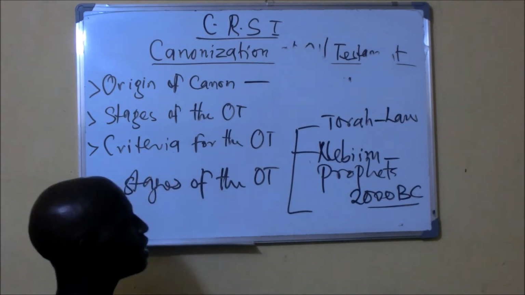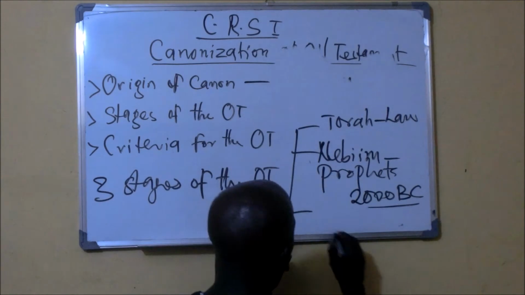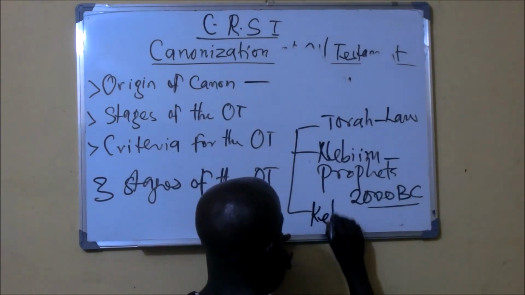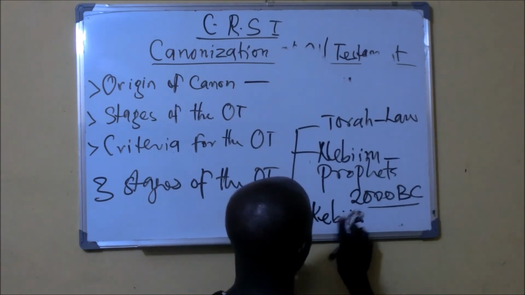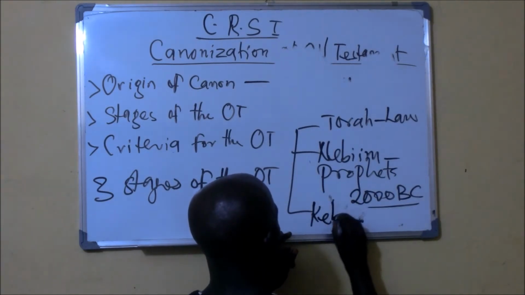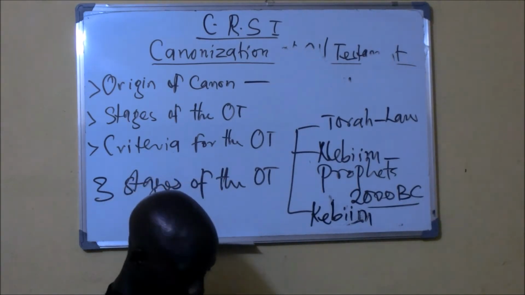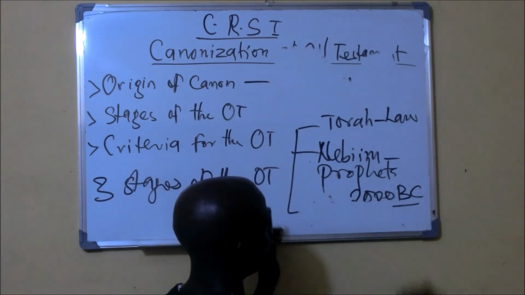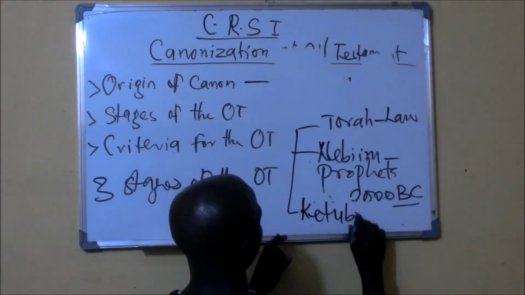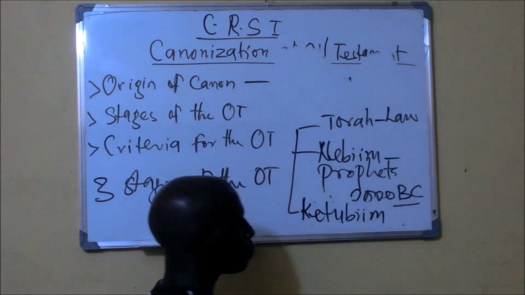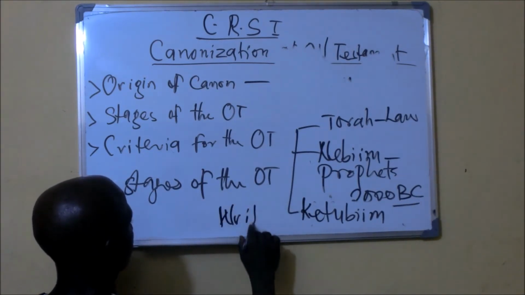Then the third stage of the Old Testament is what we call Ketubim. The Ketubim simply means writings.